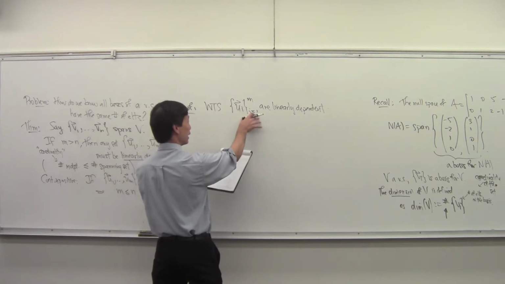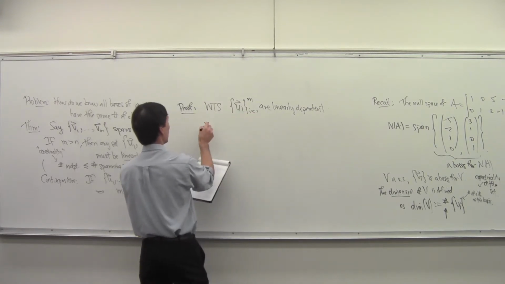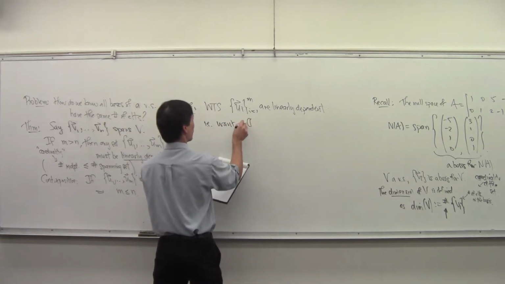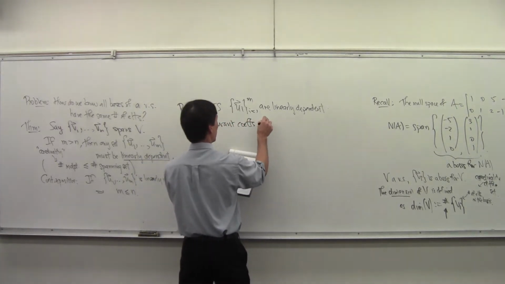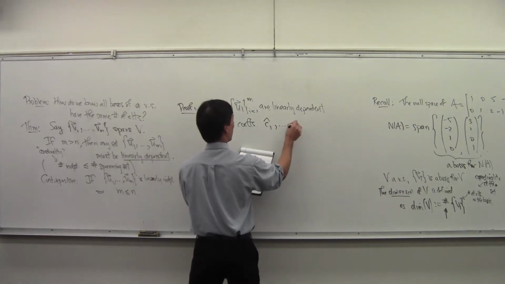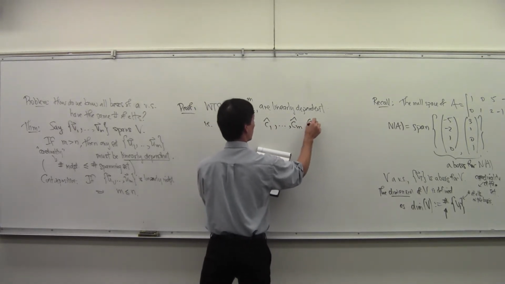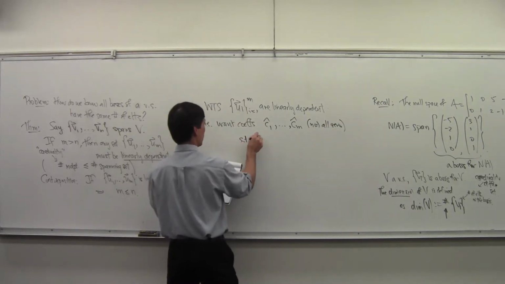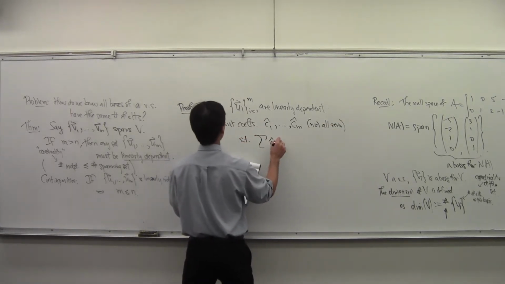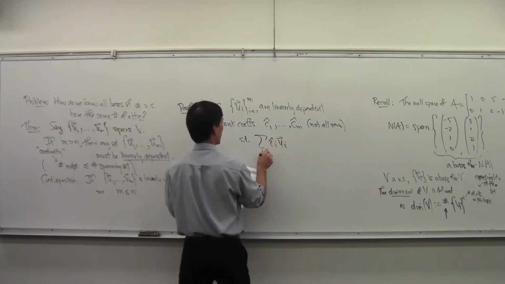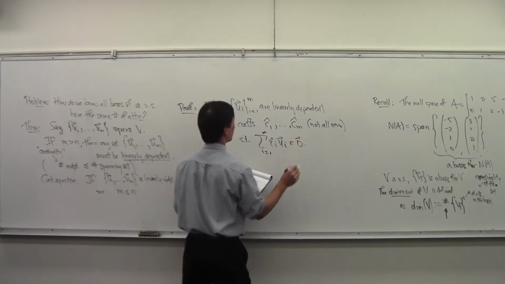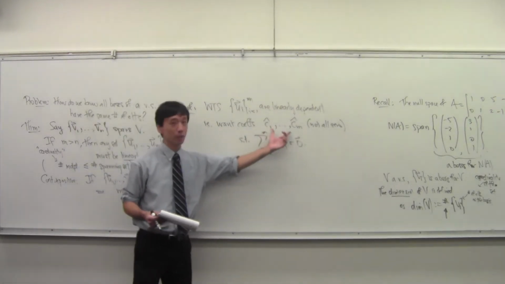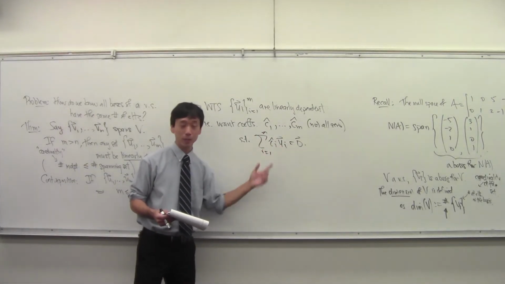So we want to find coefficients C1 hat through Cm hat, not all 0, such that the sum of Ci hat ui from i equals 1 to m is the 0 vector. That's what linear dependence means: you can find a non-trivial way of getting the 0 vector.